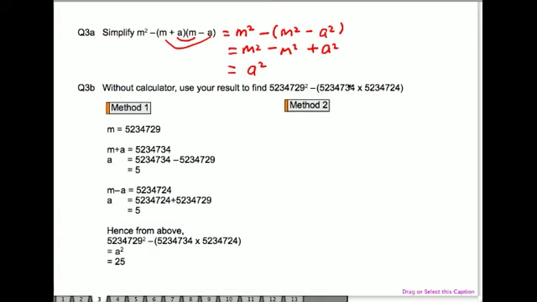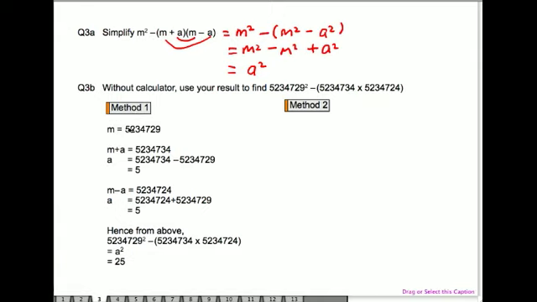As you can see, this expression looks similar to this. So the square term simply tells us that m must be this value, and m plus a is this first number, m minus a is the second number.